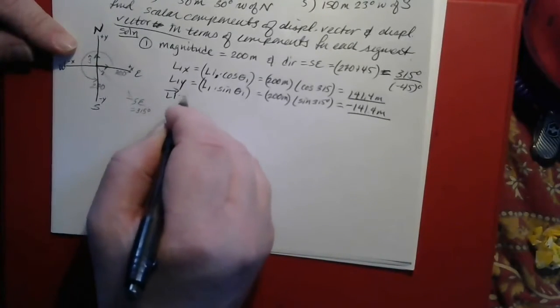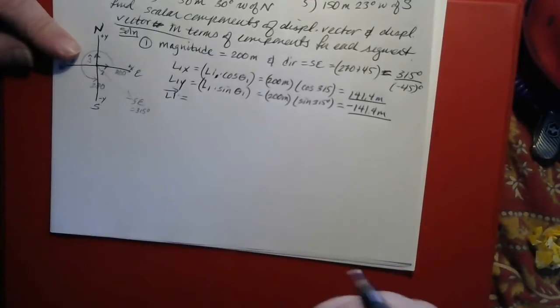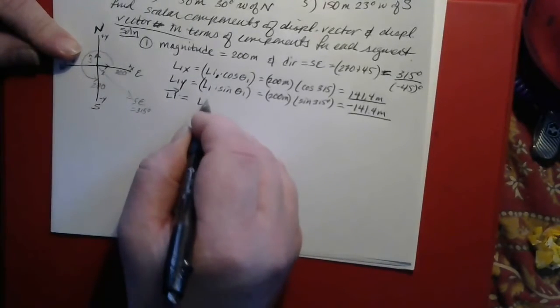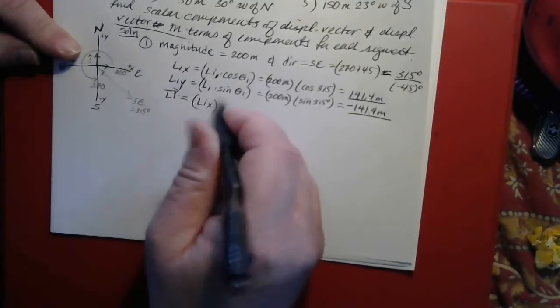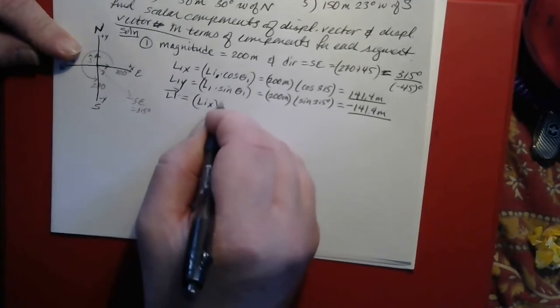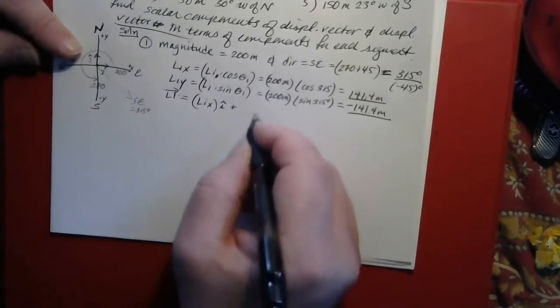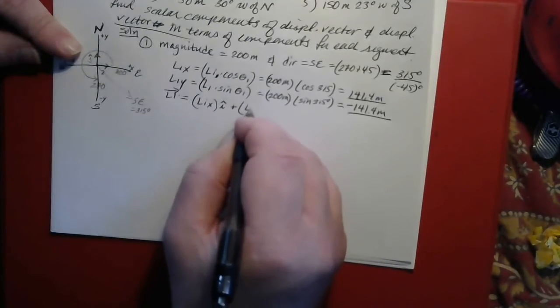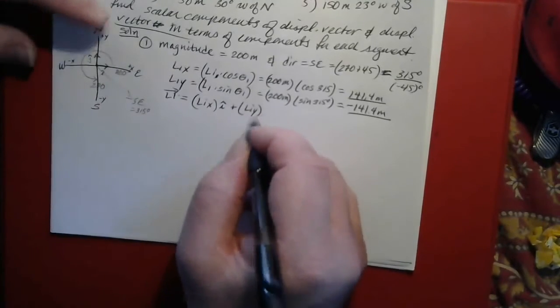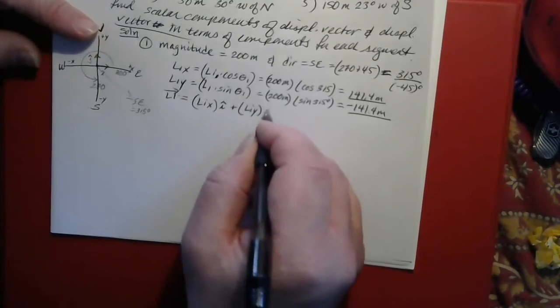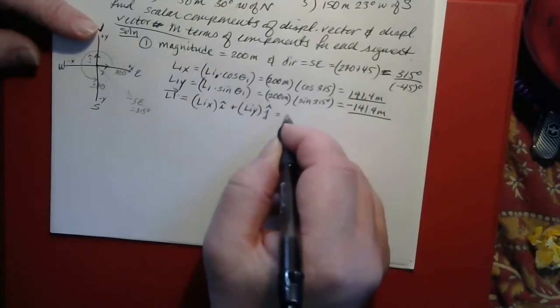So the vector L1 for the first leg or segment of the journey is just going to be the x component of the first leg times the unit vector in the x direction plus the y component for that leg times the unit vector in the y direction.